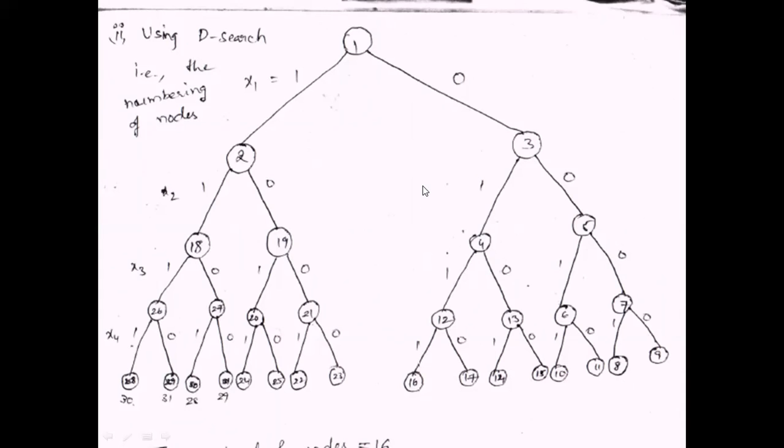Using the solution space tree, you search for the answer node, that is the node which satisfies the criteria function, meaning the sum of the elements is equal to 31.